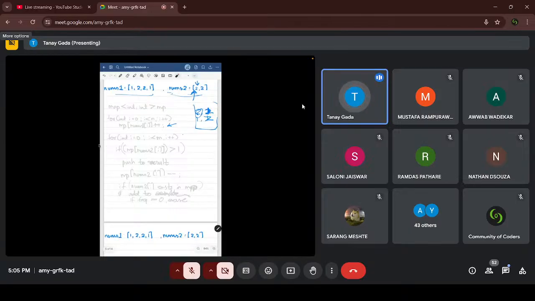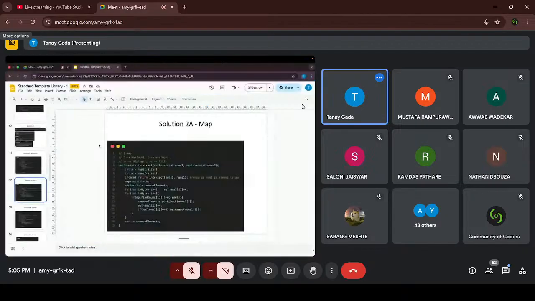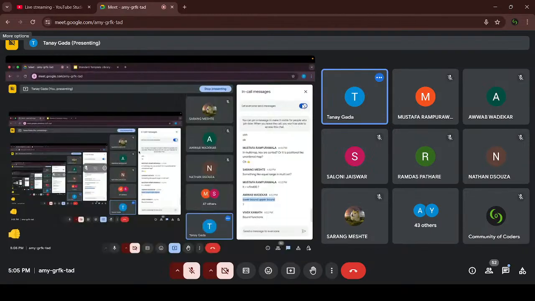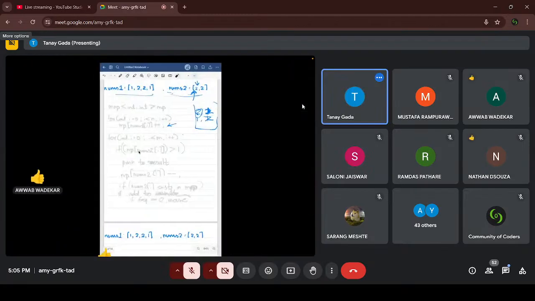And then we also check if it is 0, we need to remove this element, otherwise it would always stay in the map. Do you get this point? So we just see if it exists in the map, and if so, we add it to the result.